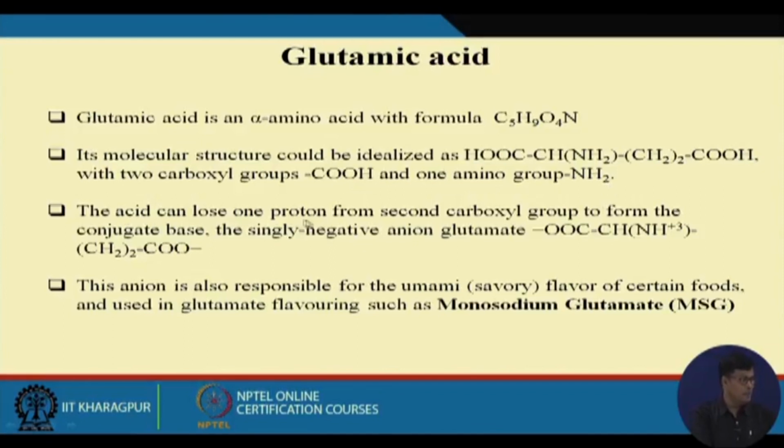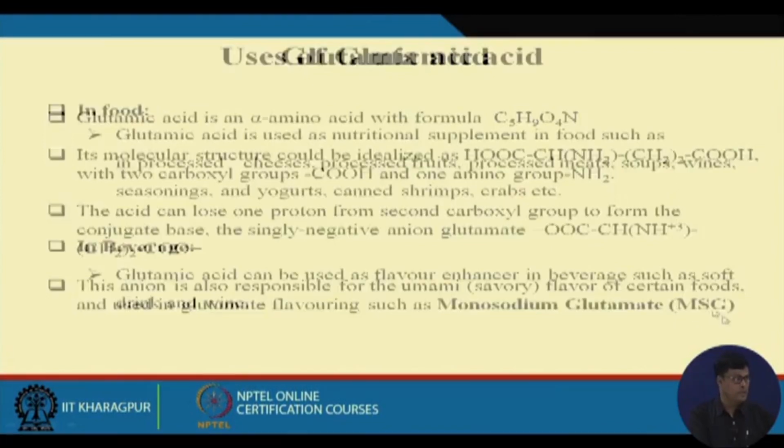Now the acid can lose 1 proton from the second carboxylic acid group to form a conjugate base, the negative anion glutamate. This is how it forms monosodium glutamate, which is largely marketed. This anion is also responsible for the umami flavor of certain foods and is used for glutamate flavoring, that is monosodium glutamate. In abbreviated form we call it MSG.